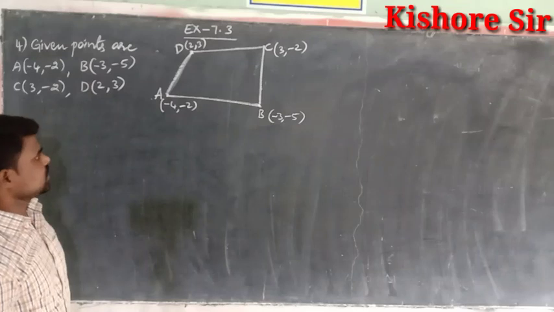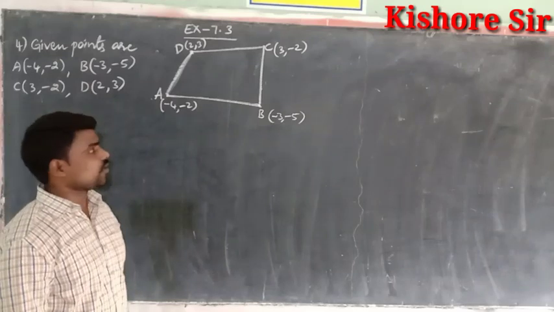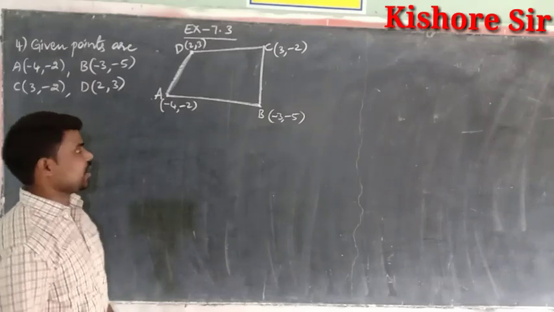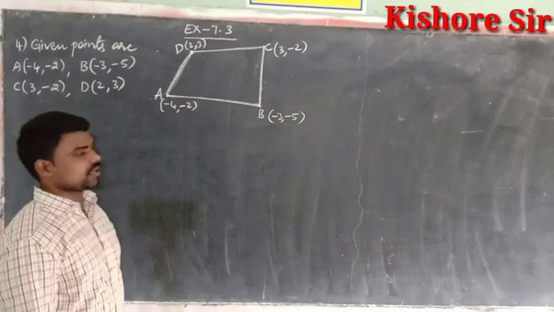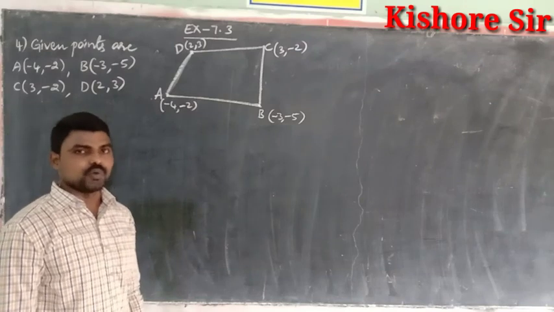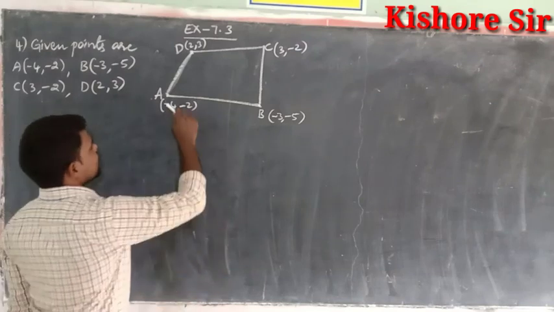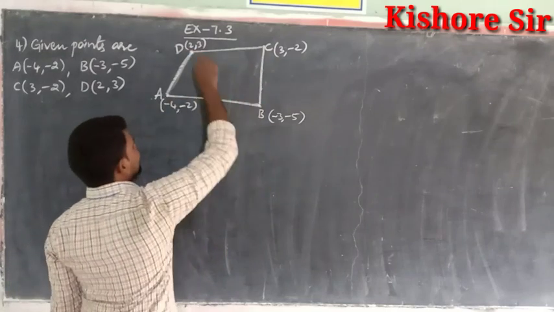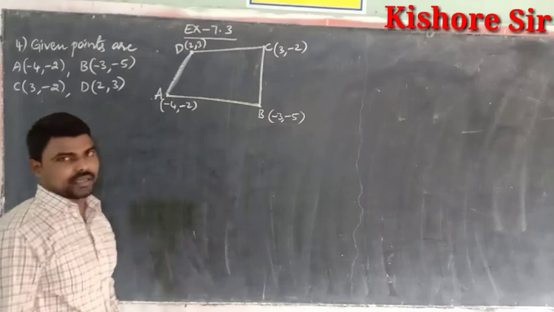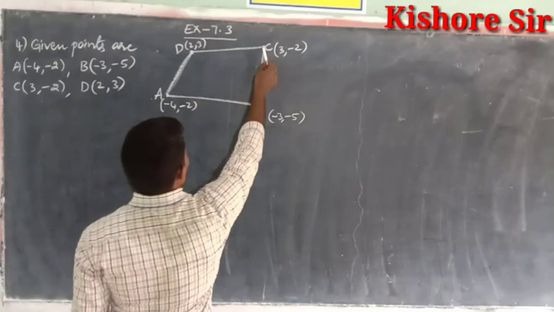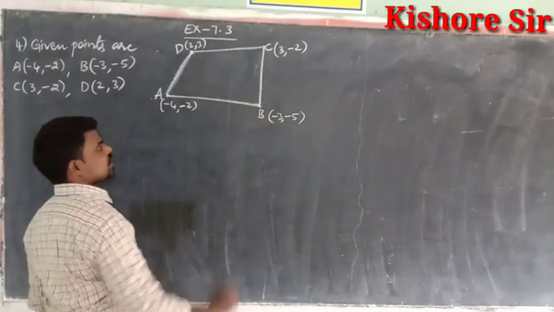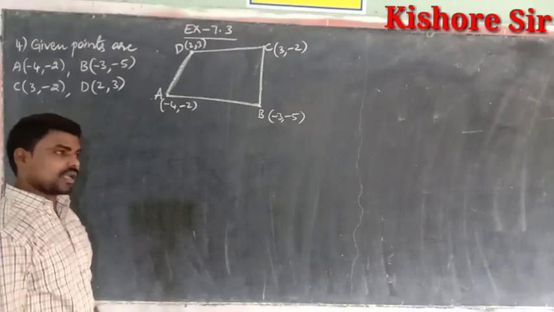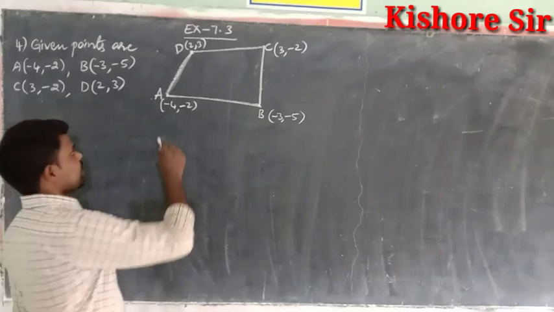Okay, now see here. First, draw one diagonal. How many diagonals are there in a quadrilateral? There are 2 diagonals. AC is one diagonal and BD is another diagonal. Draw any one diagonal.